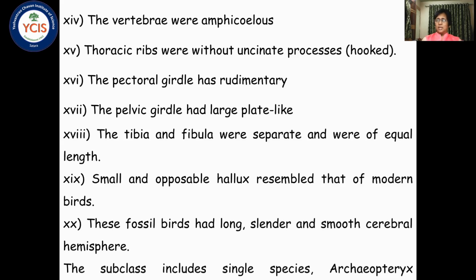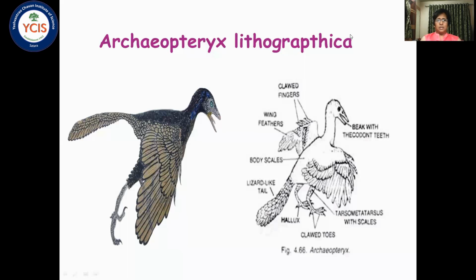These fossil birds had a long, slender, smooth cerebral hemisphere. The subclass Archaeornithis includes only a single species, Archaeopteryx lithographica. This is the picture of Archaeopteryx lithographica, an ancient bird found in the Jurassic period.